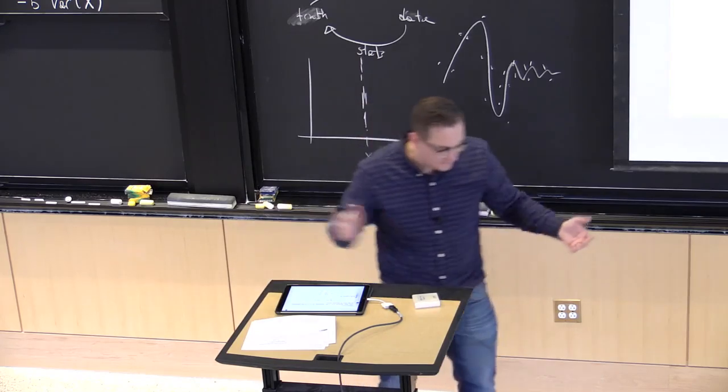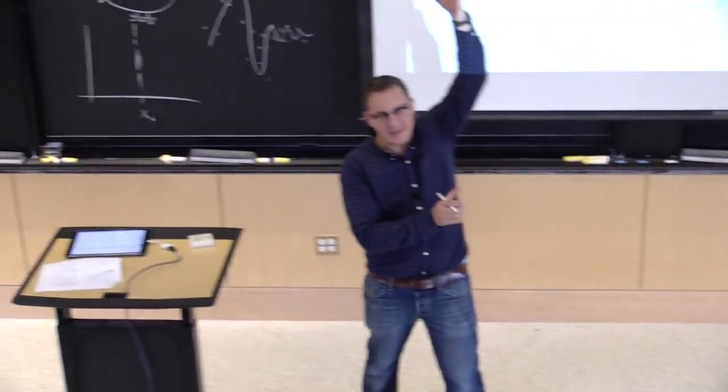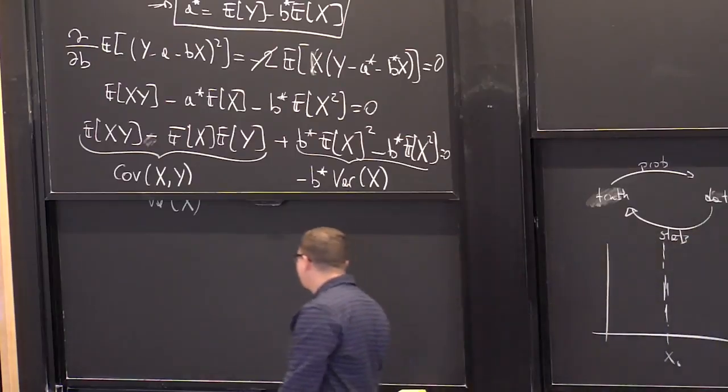So this is the estimator, okay? Statistical hammer. I had an expectation. Remember, a star and b star, we're minimizing this thing.